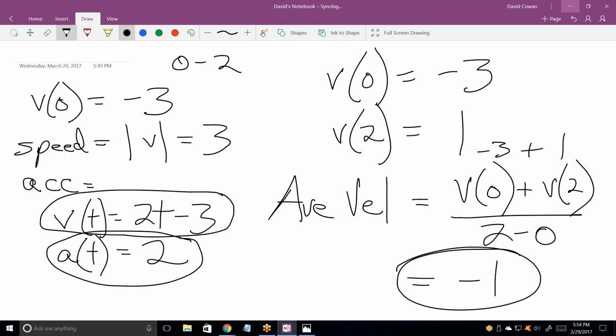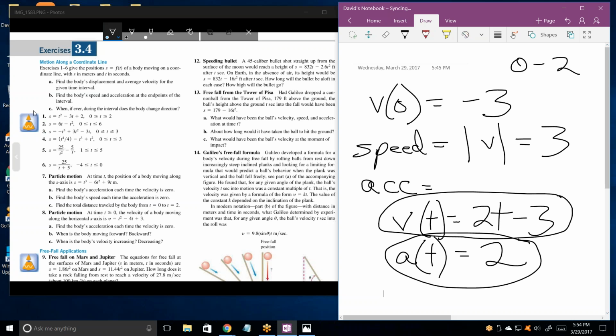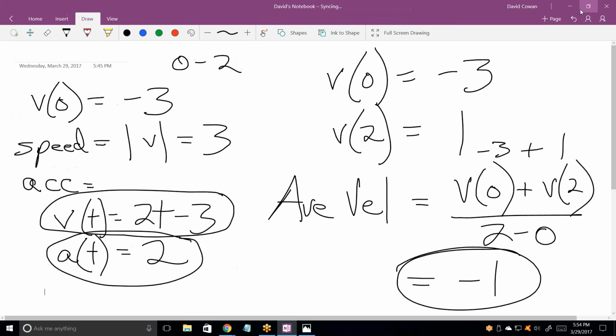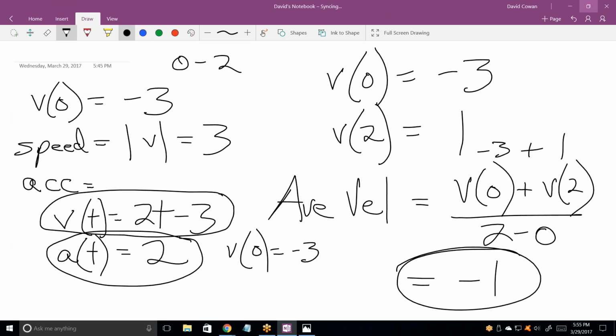What's the question again? Find the body's speed and acceleration at the endpoints of the interval. Well, at the beginning, in other words, v of 0 equals minus 3, equals a speed of 3. Well, what's v of 2, the end of the interval?